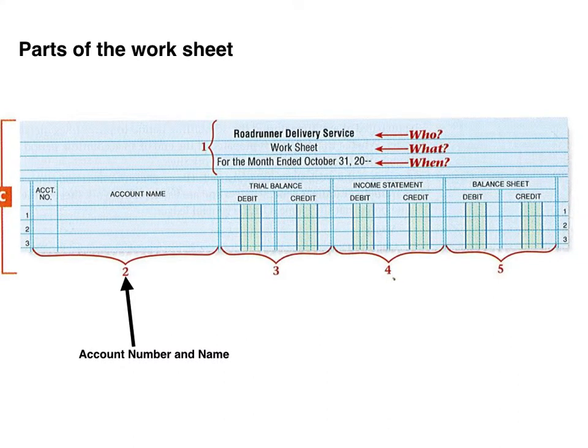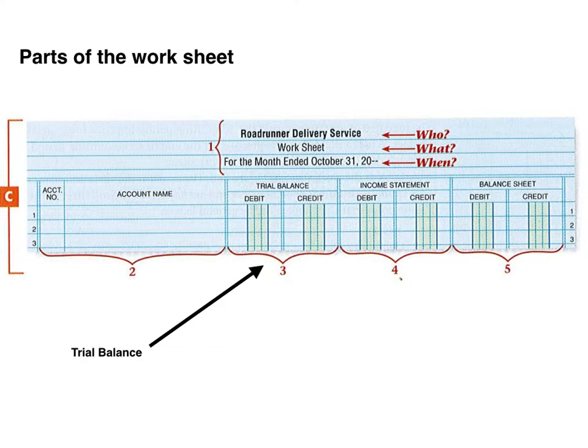Section 2 is the account number and name, just like we wrote this when we created our trial balances. So we create the account number and the account name, and this is in order of account number, just as they are written in the general ledger. Section 3 is the trial balance. And again, this is just like we did the trial balance before, and we'll talk more about that later.